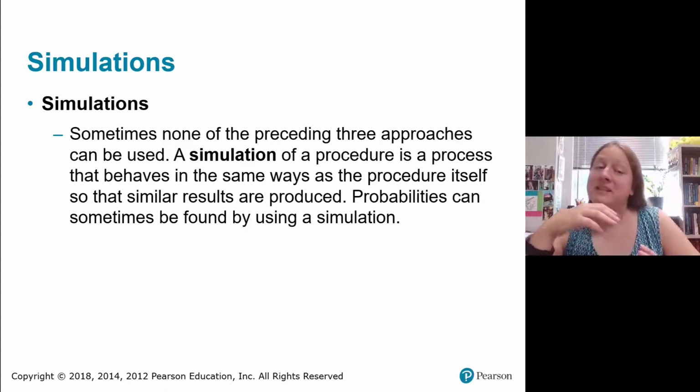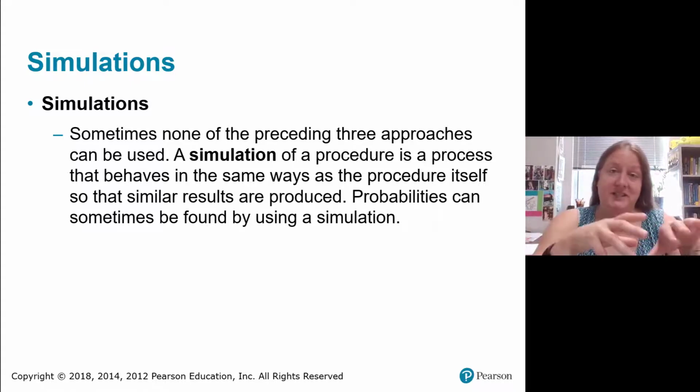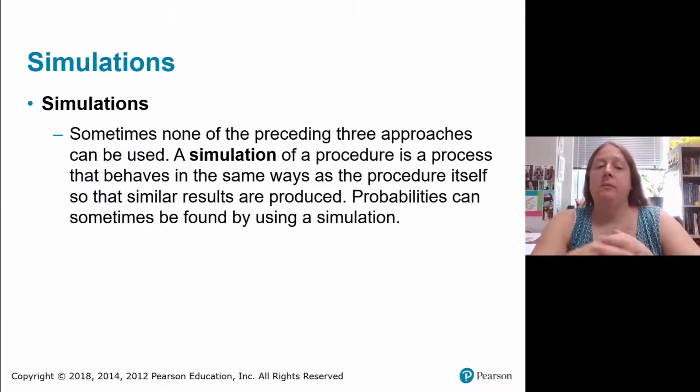So sometimes none of those approaches are feasible. This can be due to time, cost, any number of things that we can't use any of the procedures that we just listed. Instead, what we might do is a simulation. So when we talk about having the birth of children, it might be time consuming to wait at a hospital for children to be born.